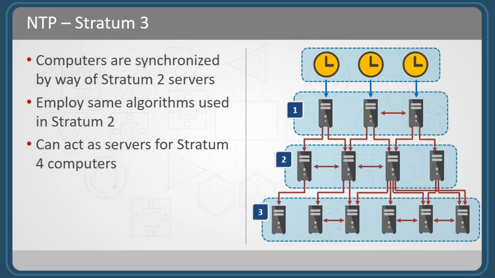So again, in a standard LAN environment, we don't have access to the GPS and the atomic clocks. Typically, your domain controllers are set to subscribe to a Microsoft time service. That time service would be Stratum 1. So again, we don't have direct access to those atomic clocks. We have access to internet-based services that reside at Stratum 1.